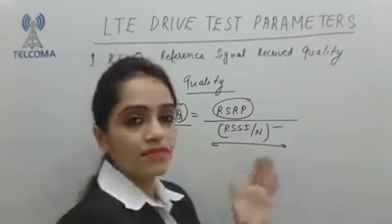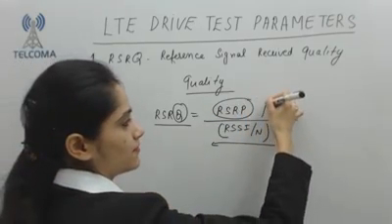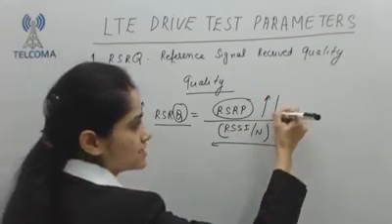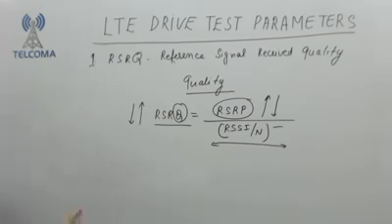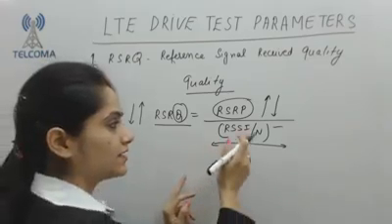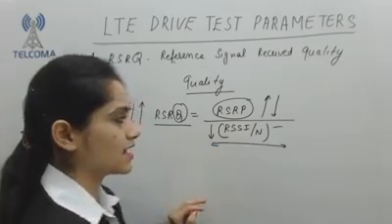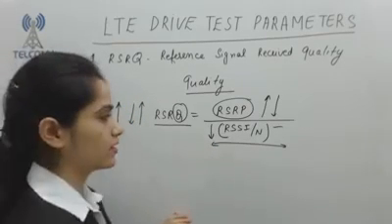If my RSRP value is more, I can have good quality. If my RSRP value is less, my quality will degrade. Is it an indirect proportion? If I have less RSSI, then my RSRQ will be more.